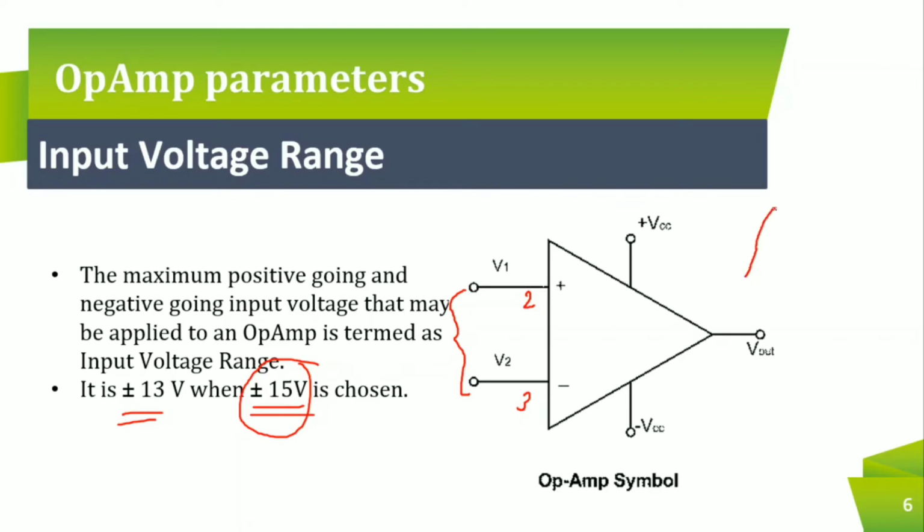Swing means the positive peak point, which is plus 13, and the negative peak point, which is minus 13. So with plus 15 volts at plus VCC and minus 15 volts at minus VCC, you can give plus 13 volts and minus 13 volts as inputs to the input terminals.